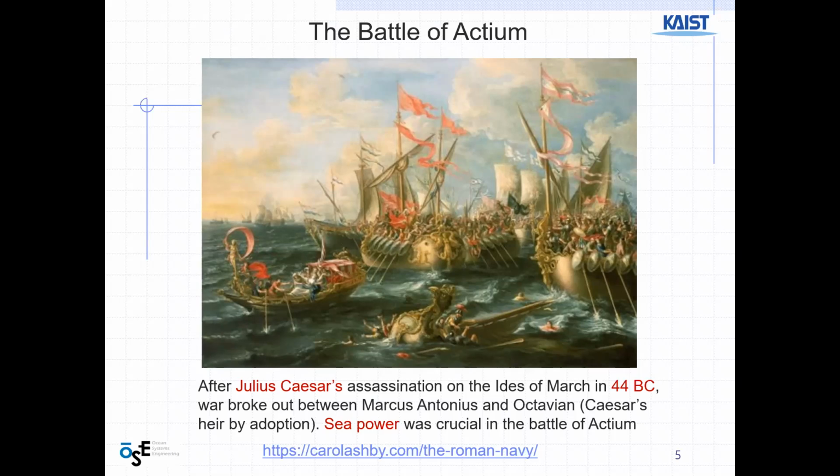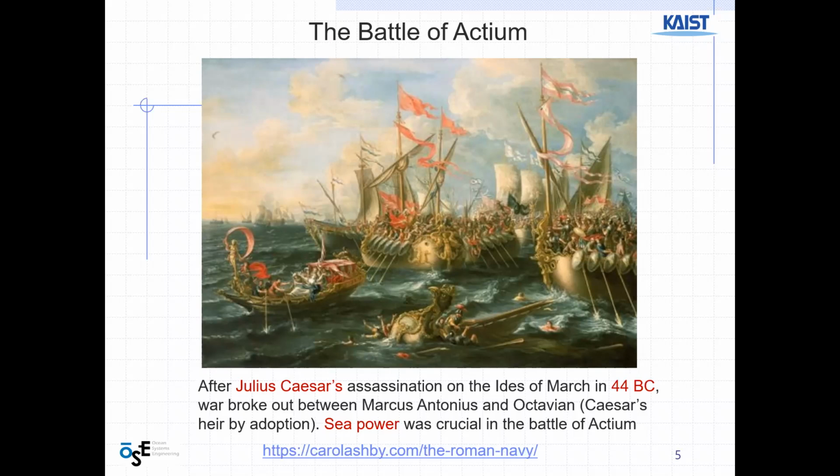And there was a war between Marcus Antonius, who is from Roma, and Octavian, who is another portion of Roma.